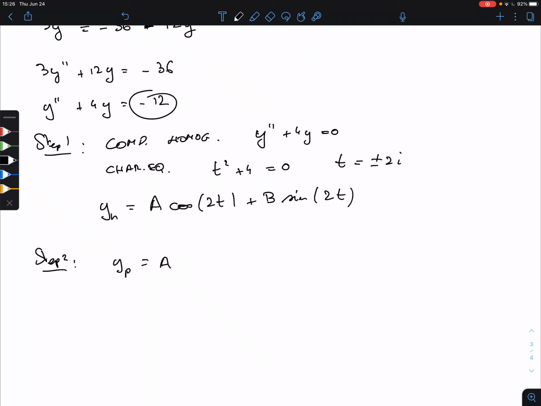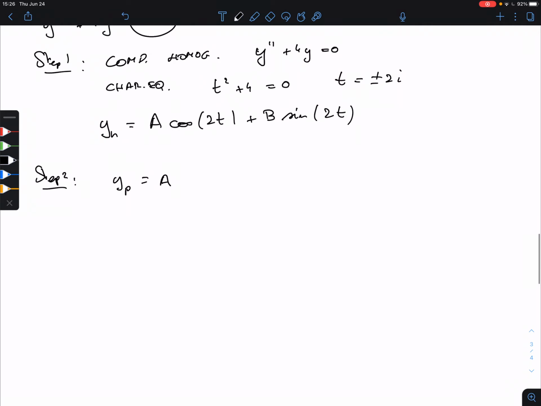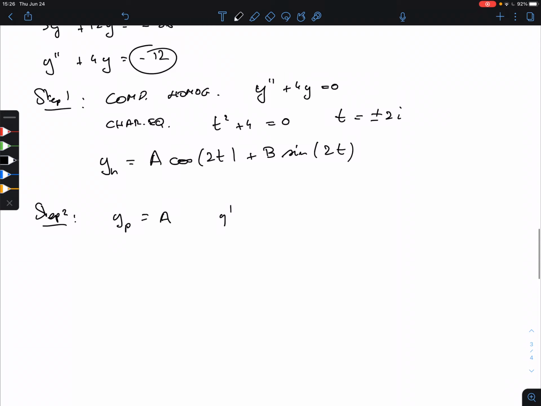If the y term had disappeared, then we would have to multiply by t, but it's not the case. It's very quick to see, because y prime and y double prime are both 0 in that case, so we get 4y equals minus 12. We plug this in, so we see that a is minus 3.